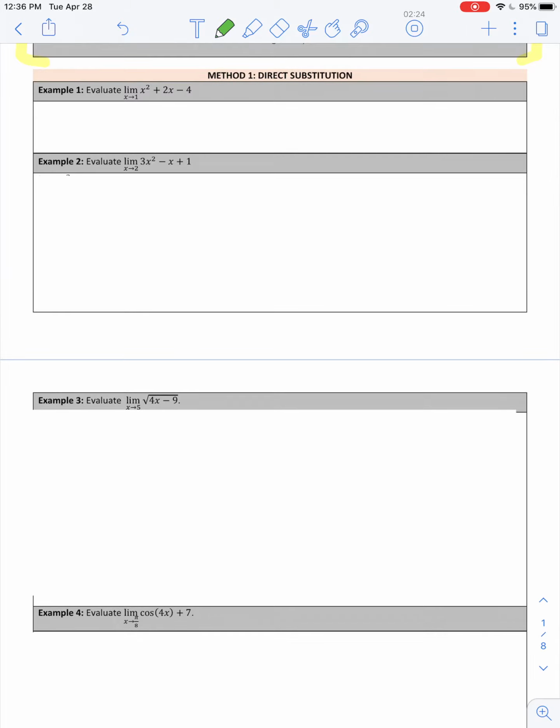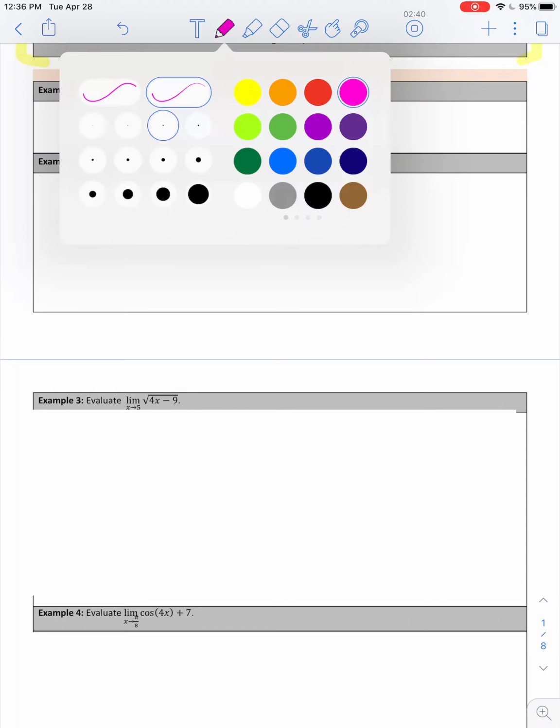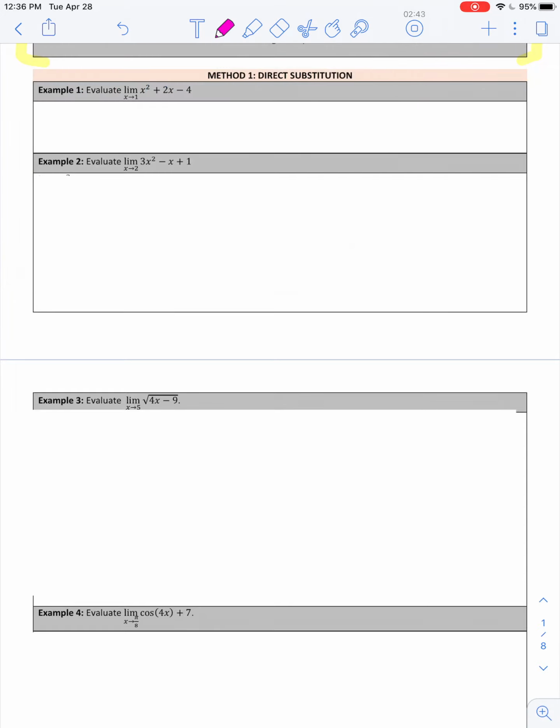So sometimes, depending on our function, we are able to just directly substitute our c value into our function to evaluate our limit. So here, we're asked to evaluate the limit as x approaches 1 of x squared plus 2x minus 4.